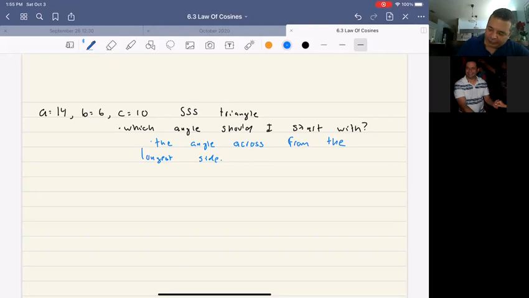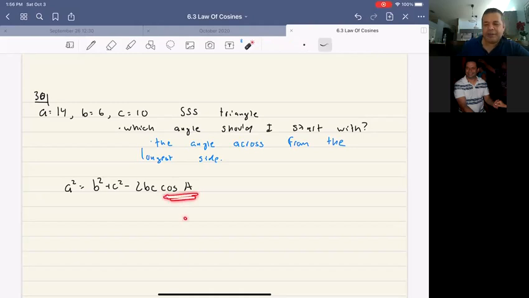So this was number 30, as I said. Let's start with saying that a squared equals b squared plus c squared minus 2bc cosine of A. And this cosine of A is what we want to get by itself.